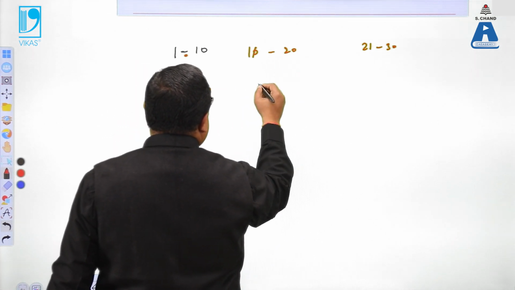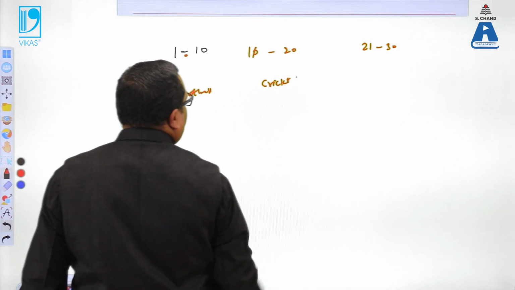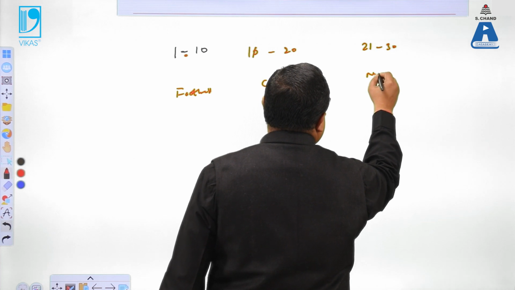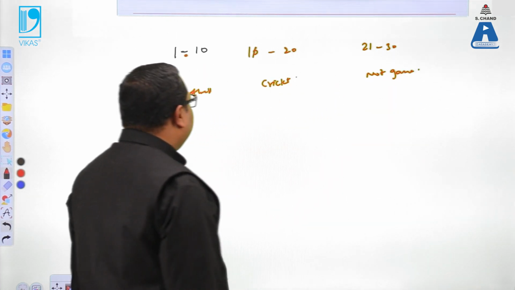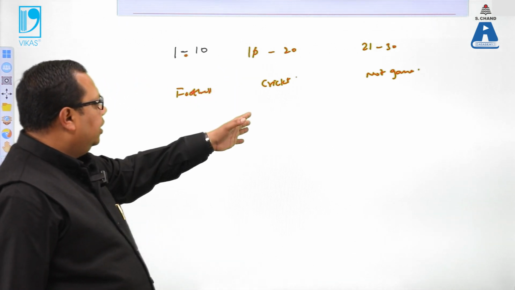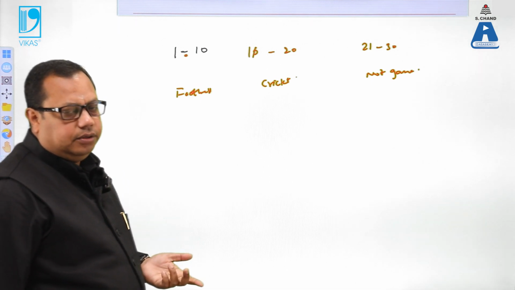From 11 to 20, they play cricket. And 21 to 30, they are not in any game. They do not play any game. So basically we have this data: 10 students are playing football, 10 students are playing cricket, and 10 students are in class who are not playing anything.